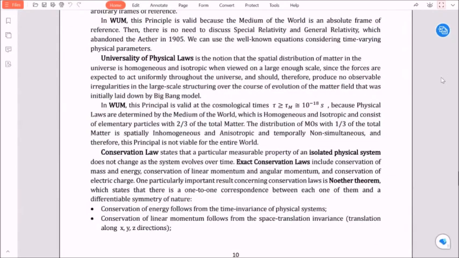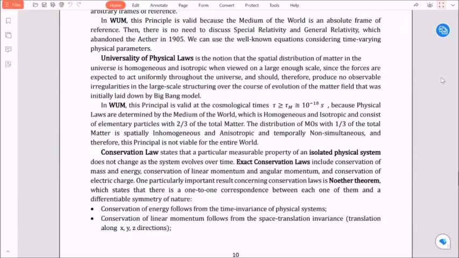In WUM, this principle is valid at cosmological times over 10 to the minus 18 seconds because physical laws are determined by the medium of the world, which is homogeneous and isotropic and consists of elementary particles with 2/3 of the total matter. The distribution of macro objects with 1/3 of the total matter is spatially inhomogeneous and anisotropic and temporally non-simultaneous. And therefore, this principle is not viable for the entire world.